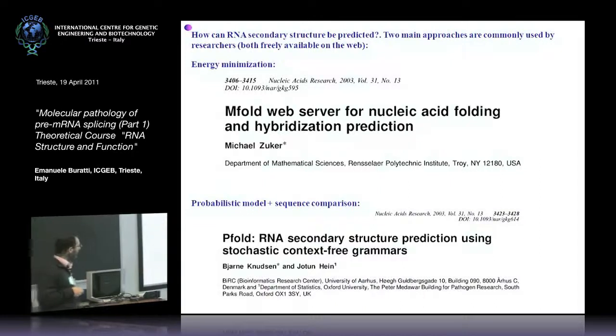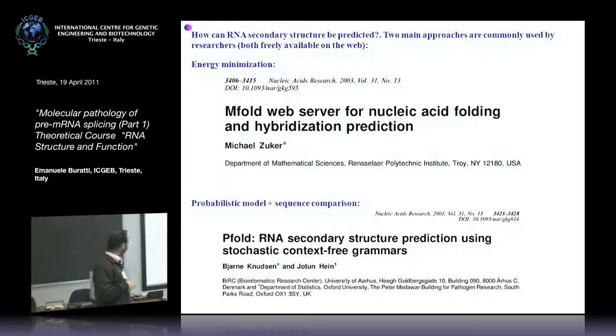The last two things I want to say about these basic connections has to do with M-fold and P-fold, the RNA secondary structure prediction programs. This has actually been talked about by Harry in a beautiful way just yesterday.